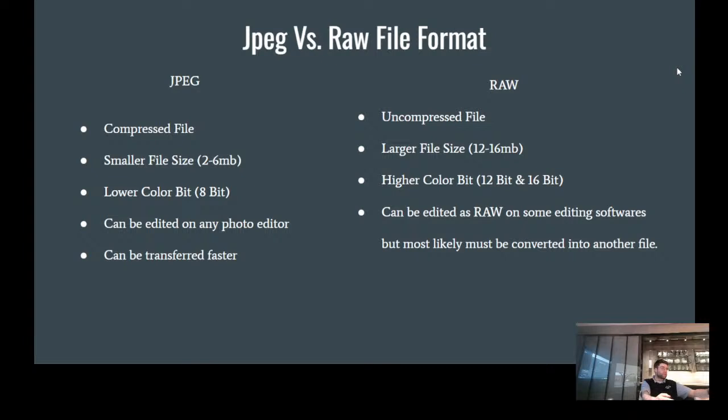Adobe, for example, is a great one to look at. Photoshop and Lightroom can absolutely do it. Things like DaVinci, which is more of a video editor, you can do RAW in there. Things like Corel Paint Shop Pro or Capture One Pro offer RAW editing in the app itself.